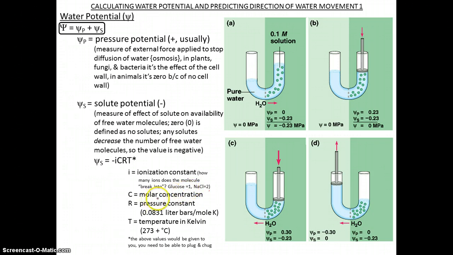Now C equals the molar concentration, and that's usually given in a problem. And R is the pressure constant, which is right here, 0.0831 liter bars per mole Kelvin. And the temperature is in Kelvin, and remember, if you're given Celsius, you just add 273.